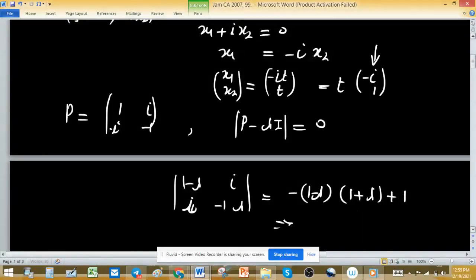Finally we have lambda equals 0, 0, meaning a repeated eigenvalue and both are 0, and the determinant is also saying that one eigenvalue is 0.